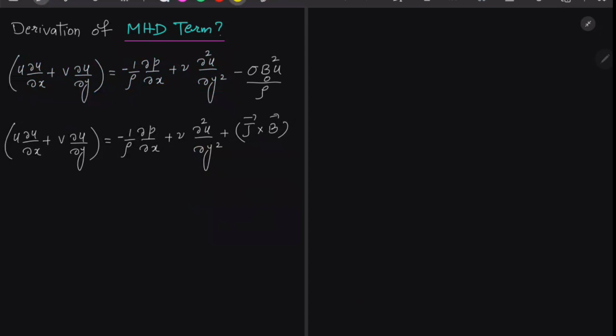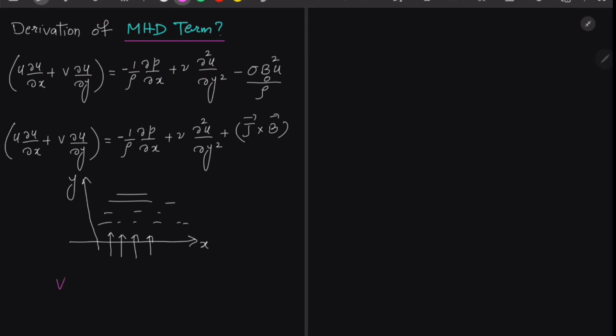And the problem that we are going to discuss is something like that. We have the x-axis, the y-axis, and on the y-axis we have a magnetic field, and there is a flow in the x direction. So we have a velocity.